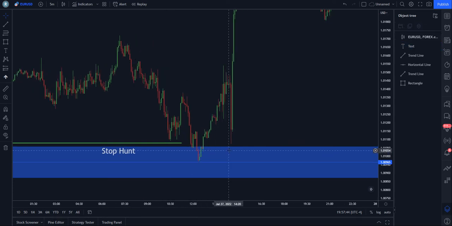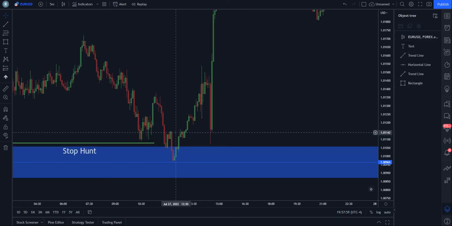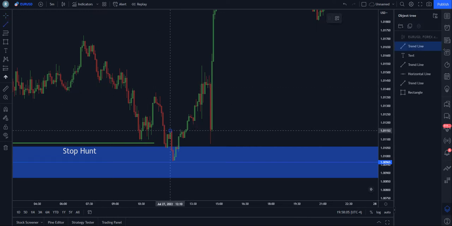Next, you want to see a break of structure, and specifically you want to see a break of, in this case, the high that caused the stop run. So you could essentially identify this one. For me personally, I would not have. I would have waited for this one right here.